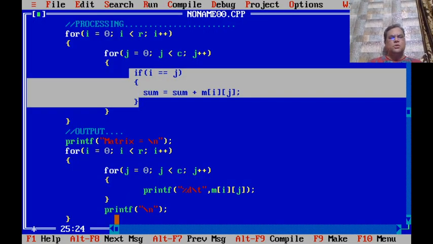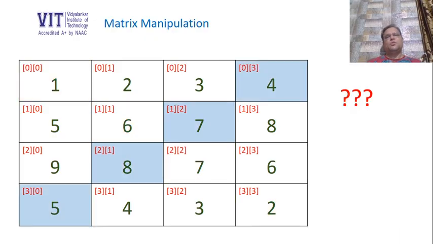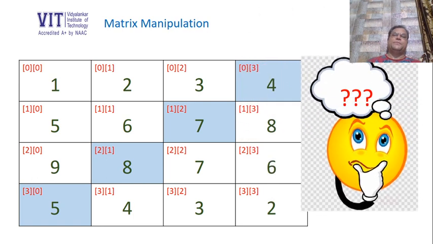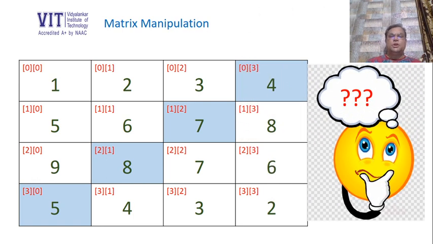I hope you understood this change also. Let's go to the next problem. Now the problem is I wanted to find the sum of second diagonal elements. Can you think of a solution for this particular problem? Again, you should be able to find out the condition which will select only these 4 elements out of the 16 elements.